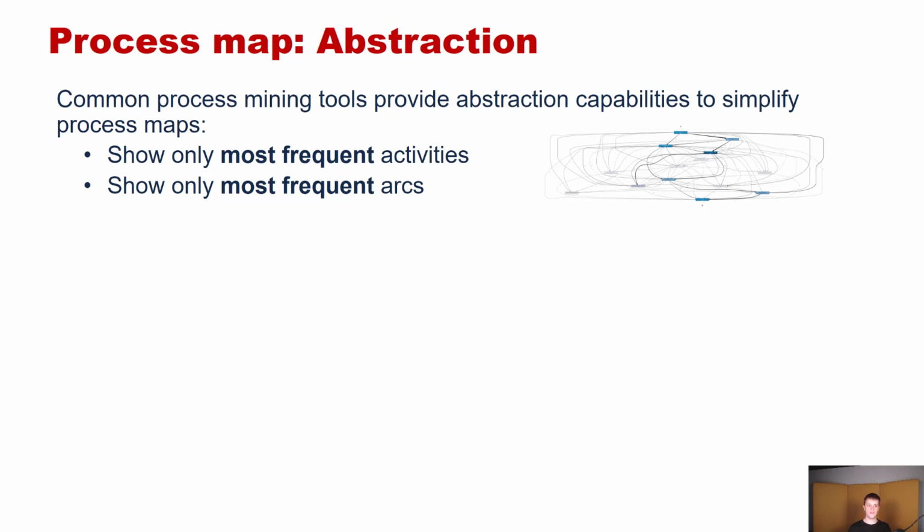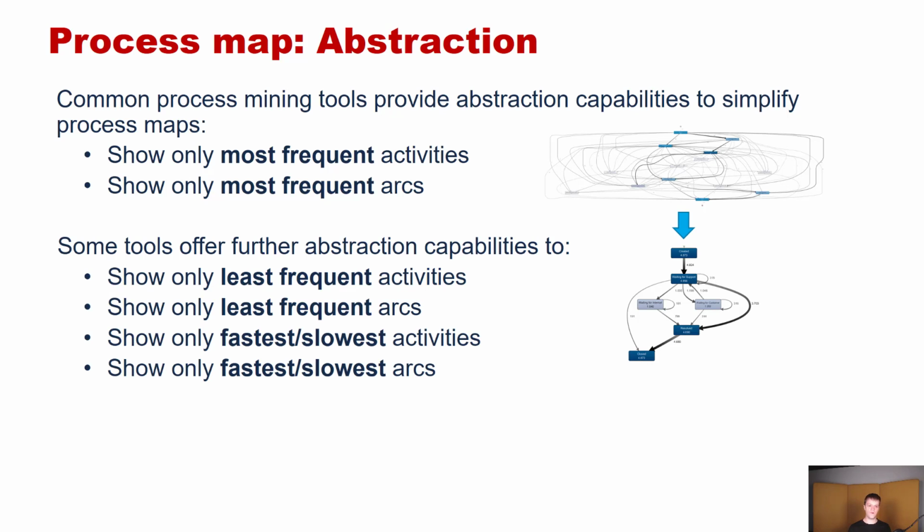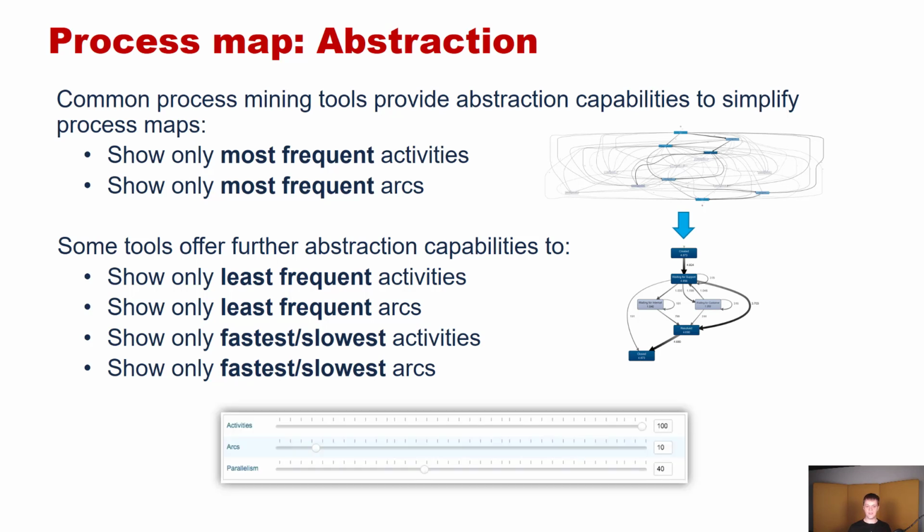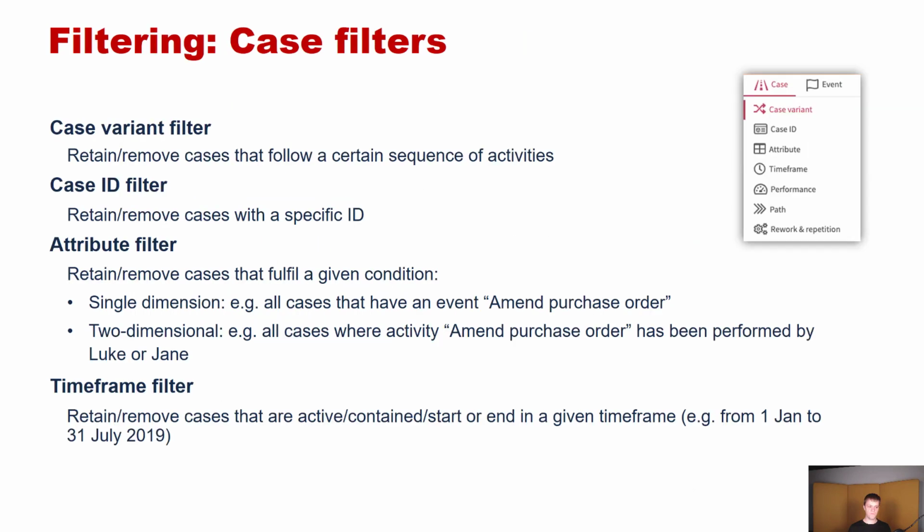This is usually done by showing only the most frequent activities or the most frequent arcs, and this allows us to get from a messy process map to something that is easily workable. Other tools offer further abstraction capabilities to, for example, show least frequent activities, least frequent arcs, fastest, slowest activities, or fastest, slowest arcs. And this is usually achieved via the use of simple sliders.